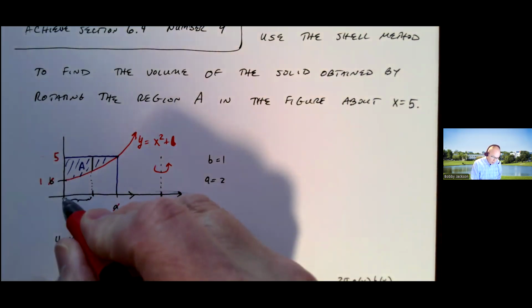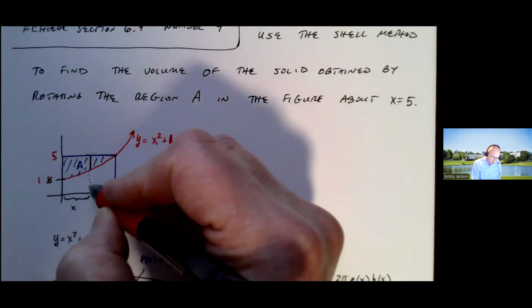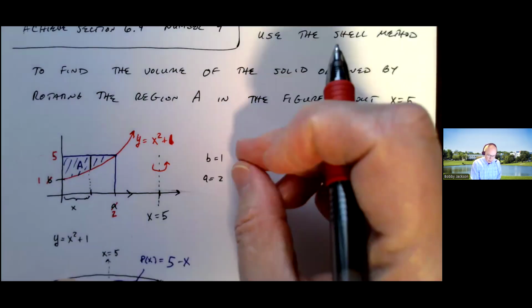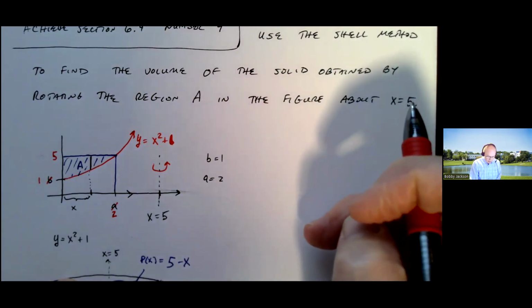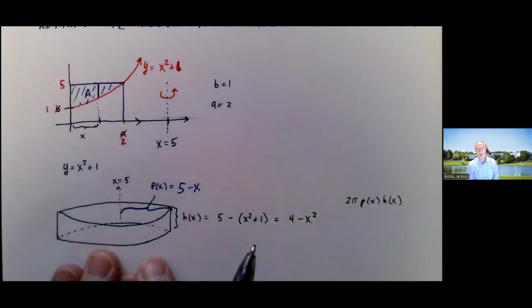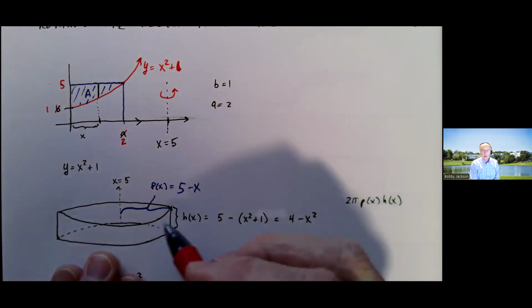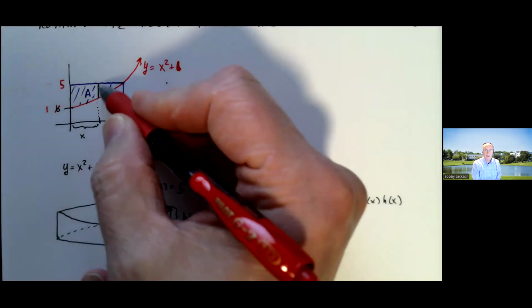Well, we're going to go an arbitrary distance x from the y-axis here, and we're going to look at this rectangle here. We're going to rotate that up and around the line x equal 5. And when we do so, we get this thin cylindrical shell. Now, the height of our shell, I call that h of x, will just be the height of this rectangle.